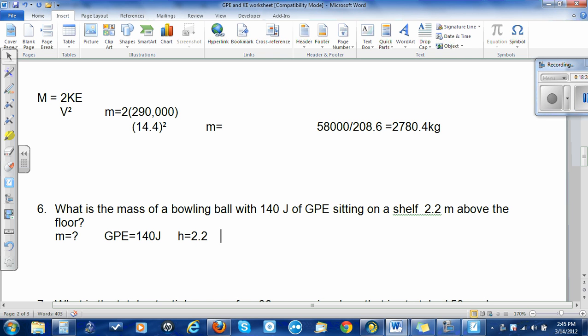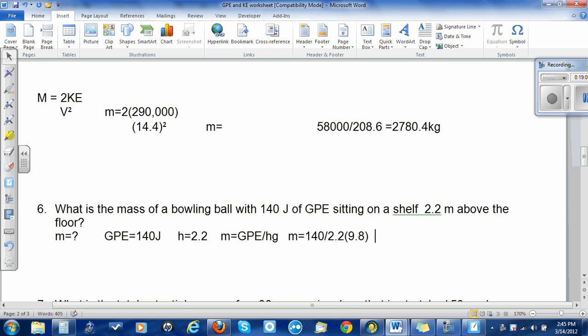So this one again, solving for M equals GPE divided by everything else, H and G. So M equals 140 divided by H, which is 2.2, and G, which is 9.8.